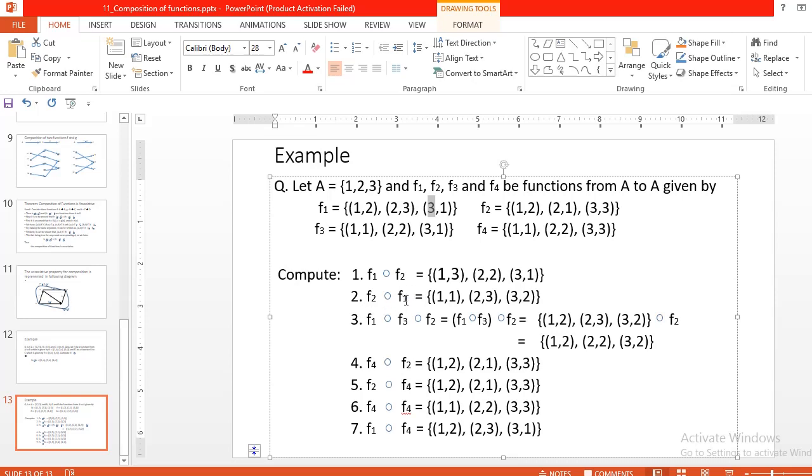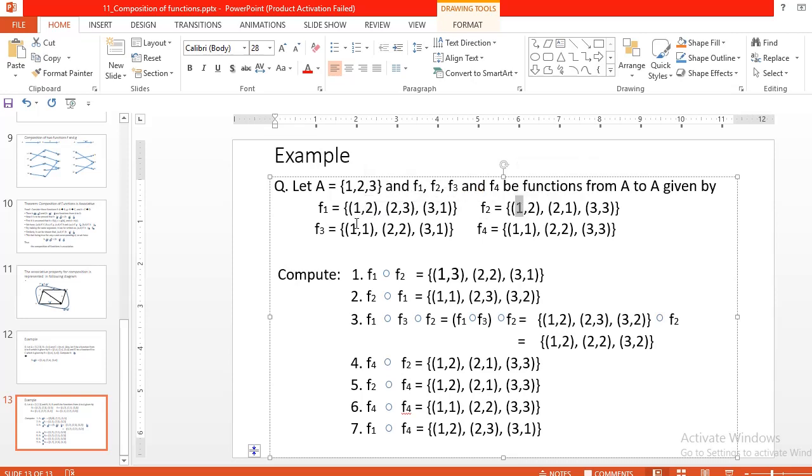Okay, similarly make the composition for F2 composition F4. This time we have to take F1 first and after that F2. So F1 is {1 2, 2 3, 3 1}. Take the first pair 1 2 and pair it with F2. The first pair of F2 is also 1 2. Take the range of F1, 2, and the domain of F2, that is 1.